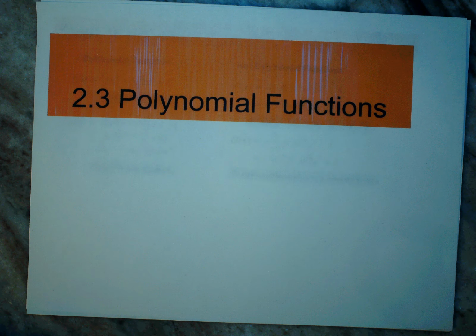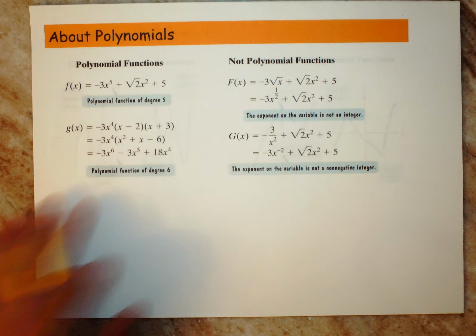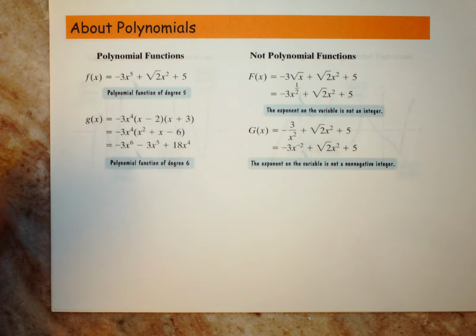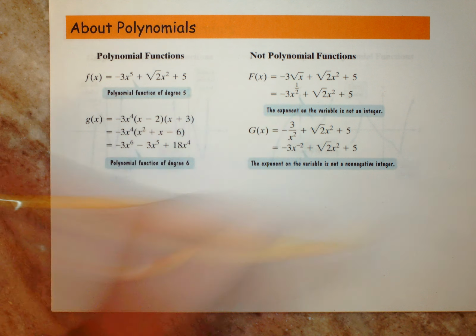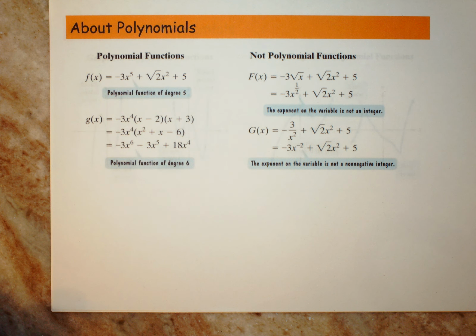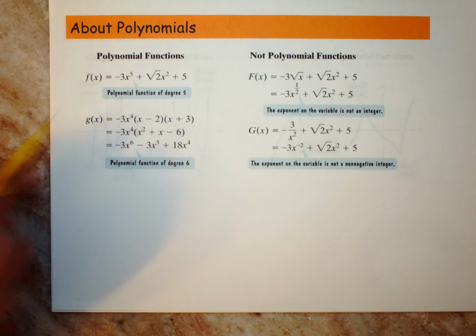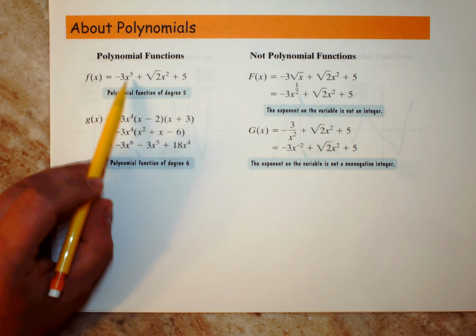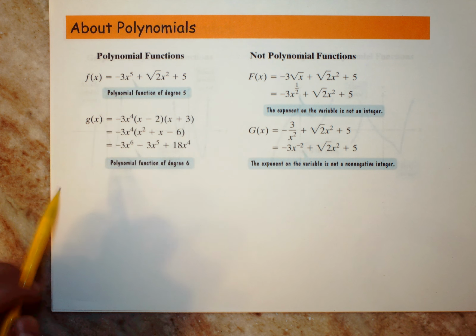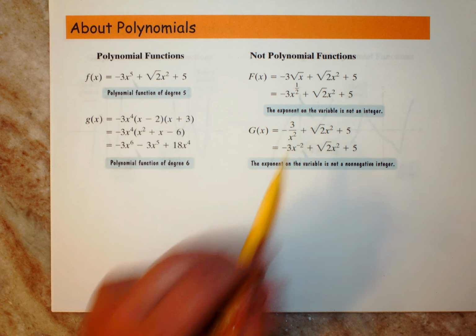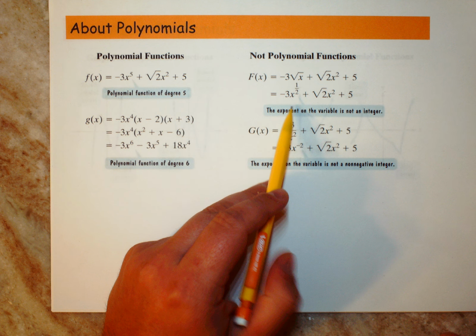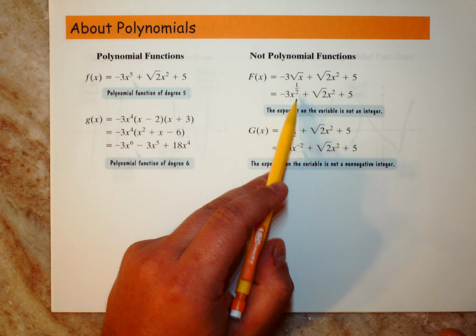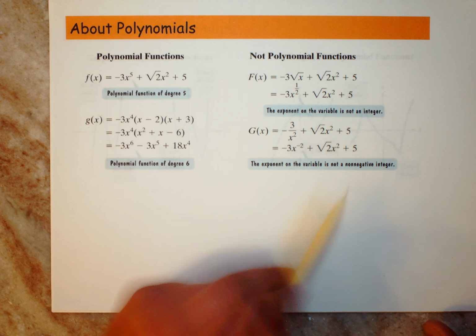All right, everyone, this is lesson 2.3, polynomial functions. So a little bit about polynomials. We just have some examples of polynomial functions and non-polynomial functions. To be a polynomial function, you need a whole number exponent. Right here, you can see that this has a fraction in the exponent, so that makes it not a polynomial.